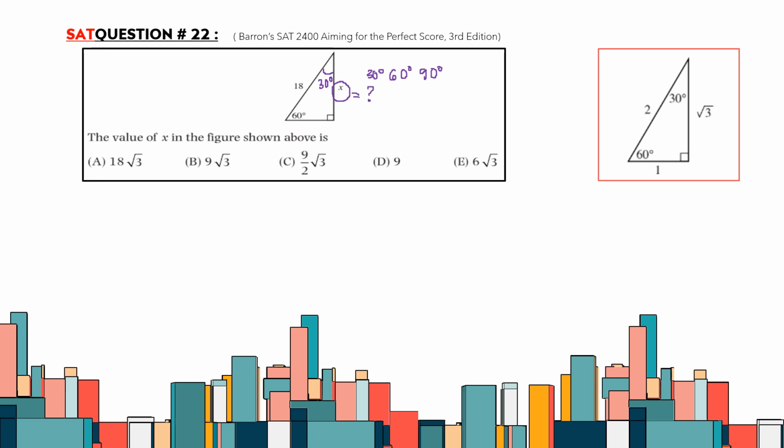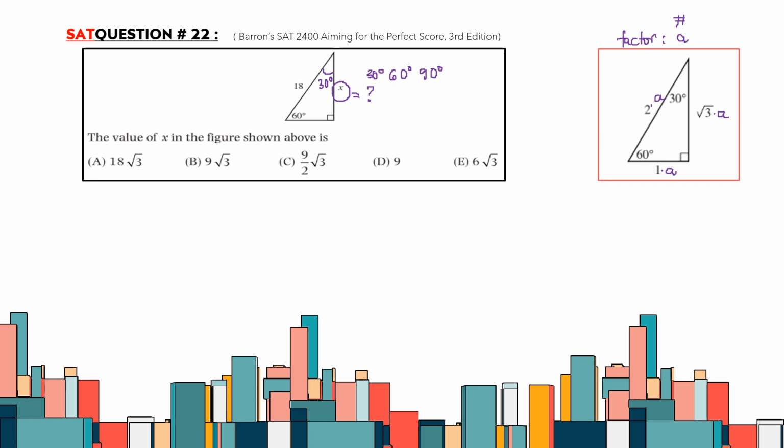The factor a can be any number. So we multiply 1 by a, 2 by a, and square root of 3 by a. That is the ratio in any 30, 60, 90 degree triangle.